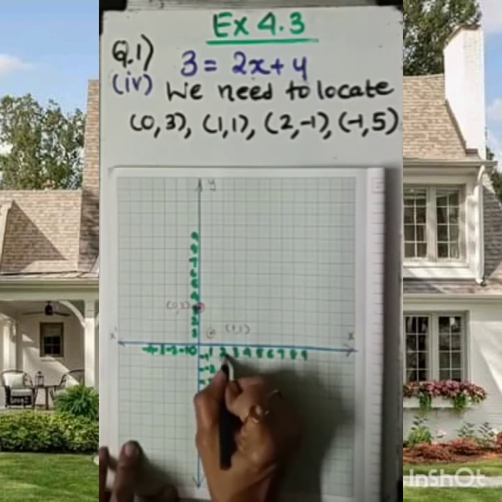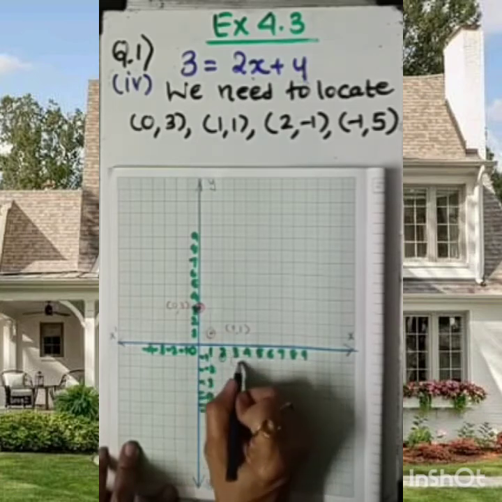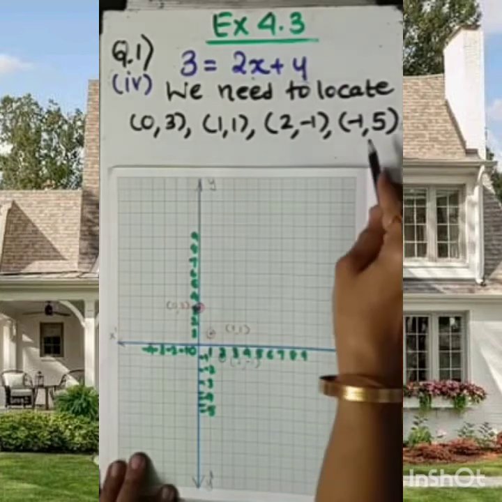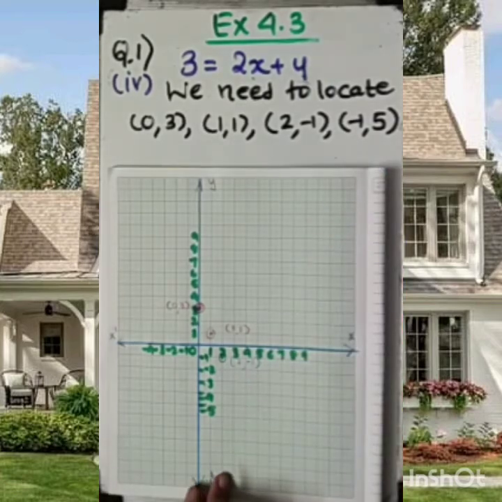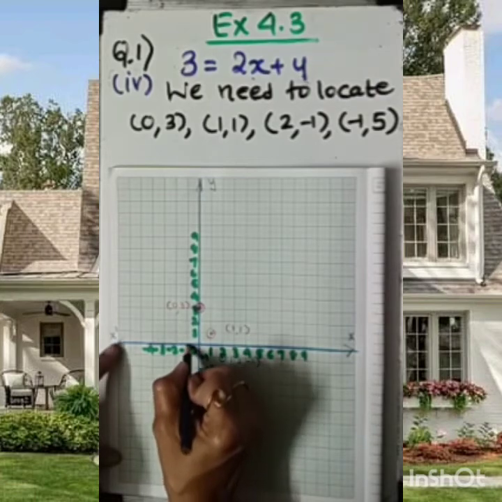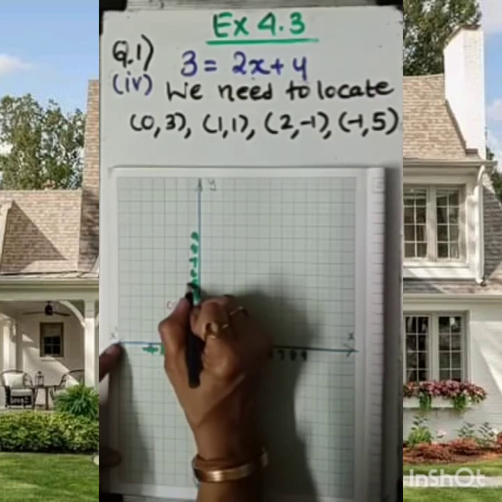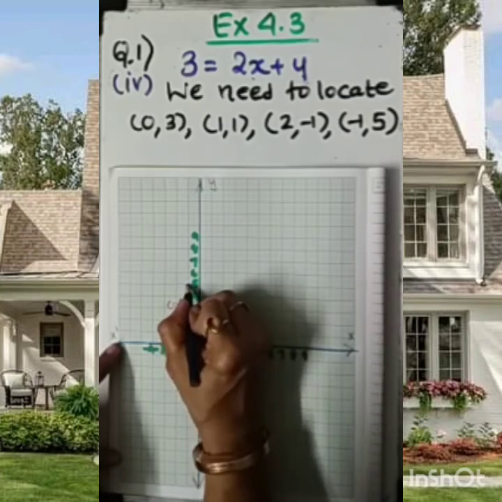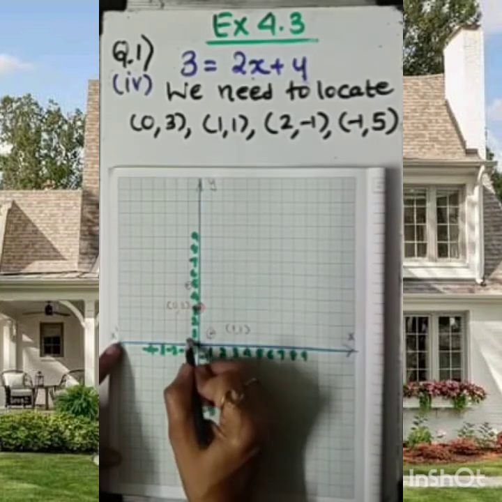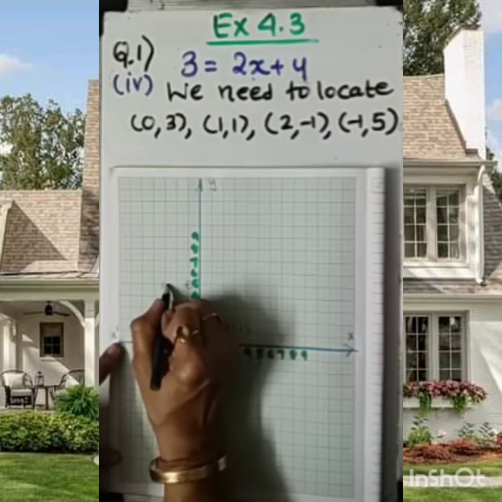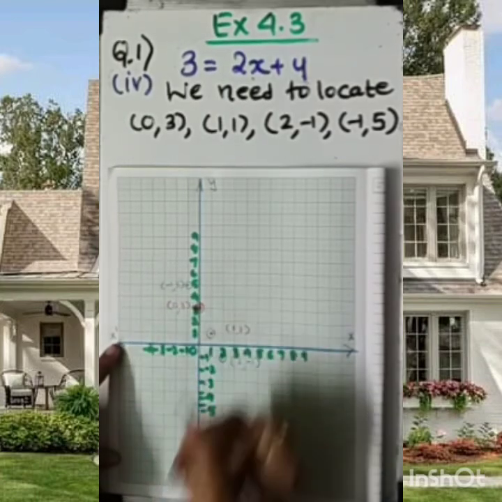Here somewhere 2 and this -1. And the last point is -1, 5. -1 on the x-axis and 5 on the y-axis. So where will it be located? Here somewhere. So -1, 5. Got it?